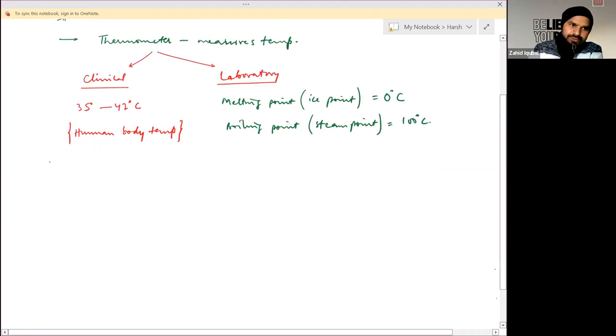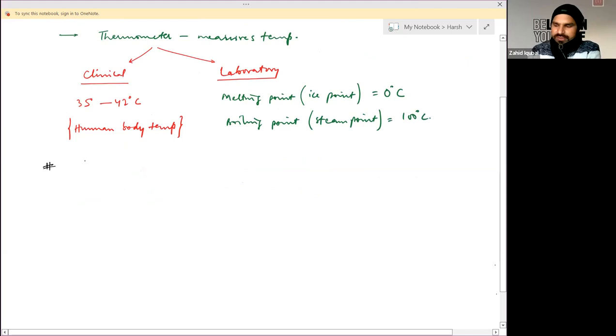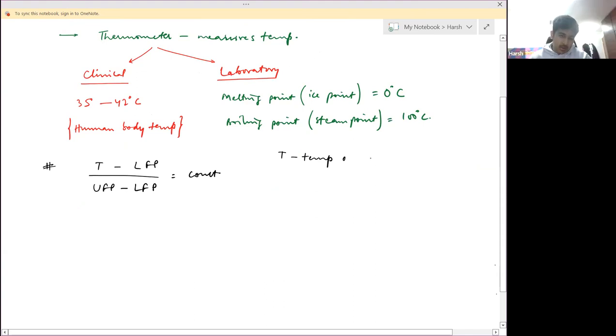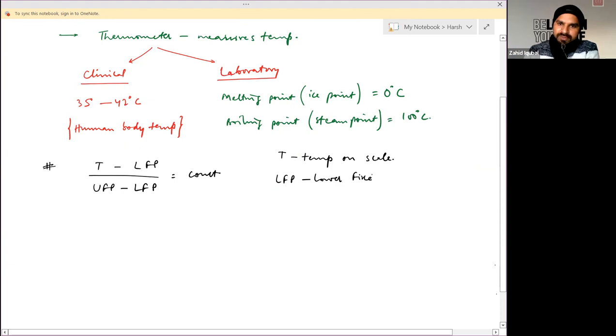In general, for all different laboratory thermometers, we use a simple scale: T minus LFP divided by UFP minus LFP equals a constant. Here T is the temperature on that scale, and LFP is called the lower fixed point, which is also called the ice point or melting point of ice.